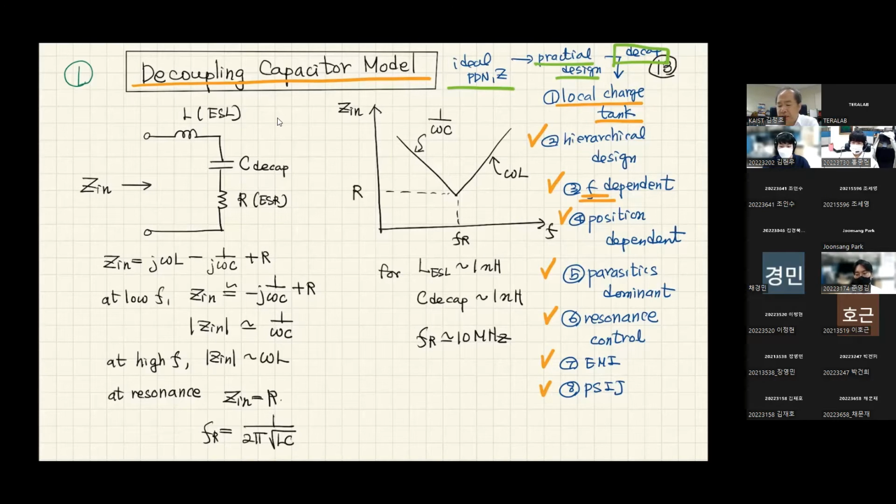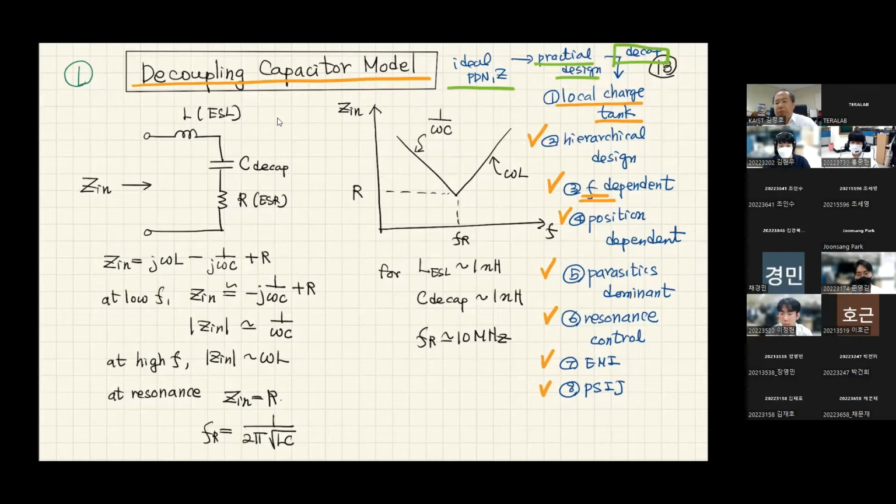Because data jitter requirements are getting smaller and smaller, in the end, power supply noise and ground bounce will affect jitter strongly. So our overall class target is to learn about PDN design principles, especially decoupling capacitor designs, and eventually we want to reduce the EMI level and power supply induced jitter.